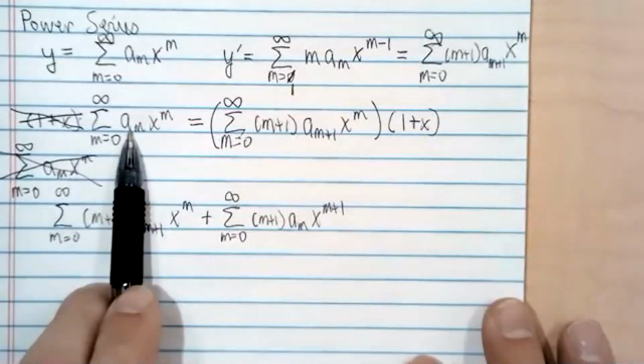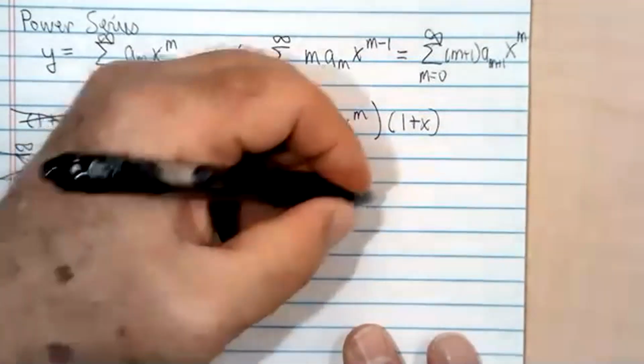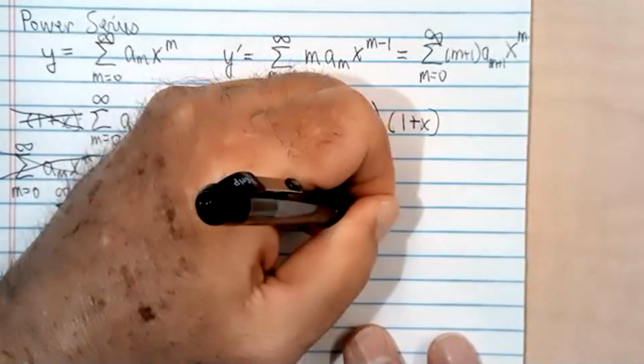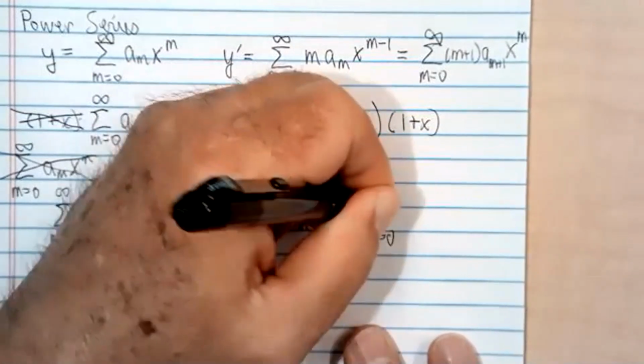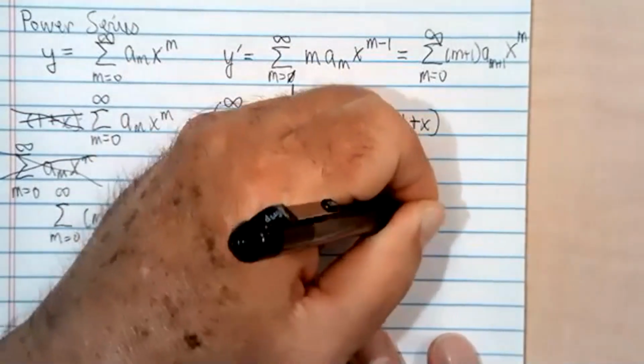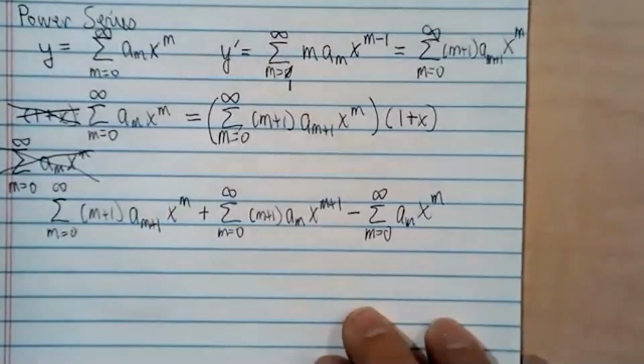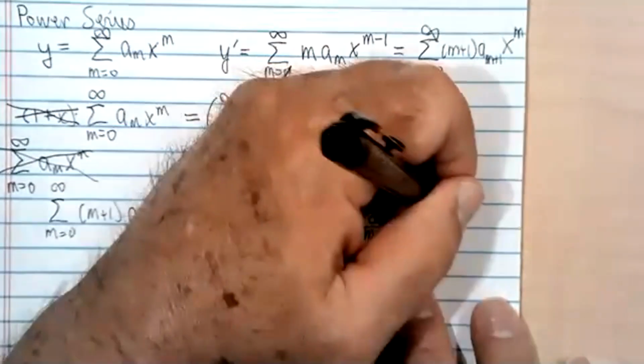And then I'm going to subtract this series from both sides. And that should equal 0.